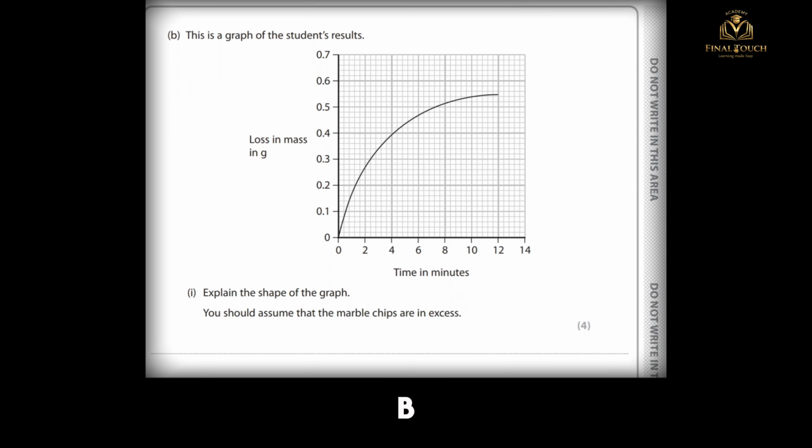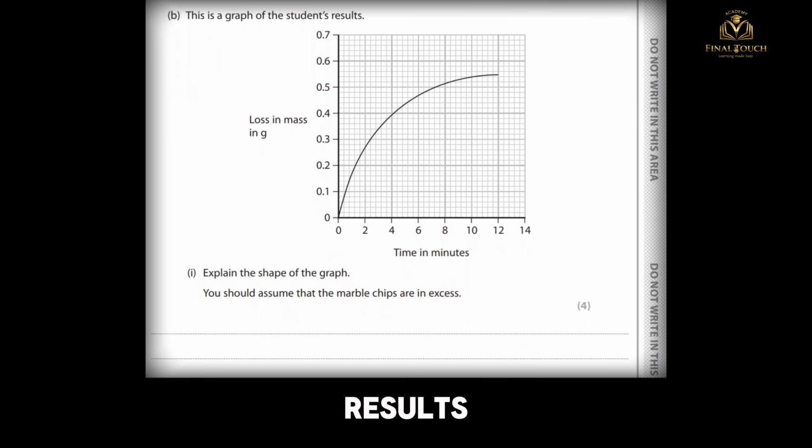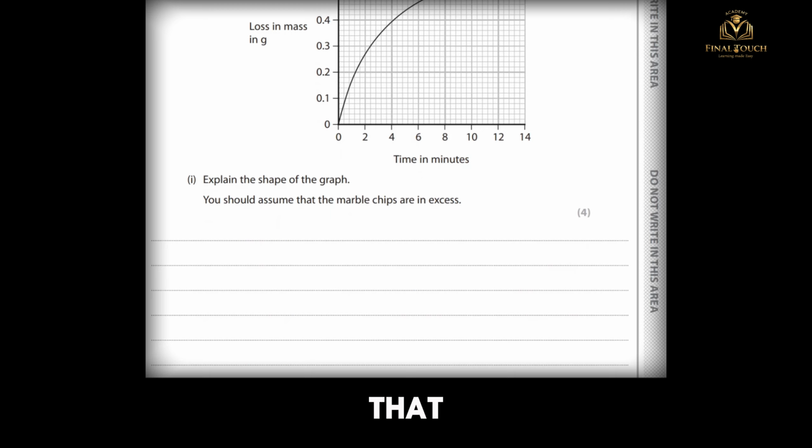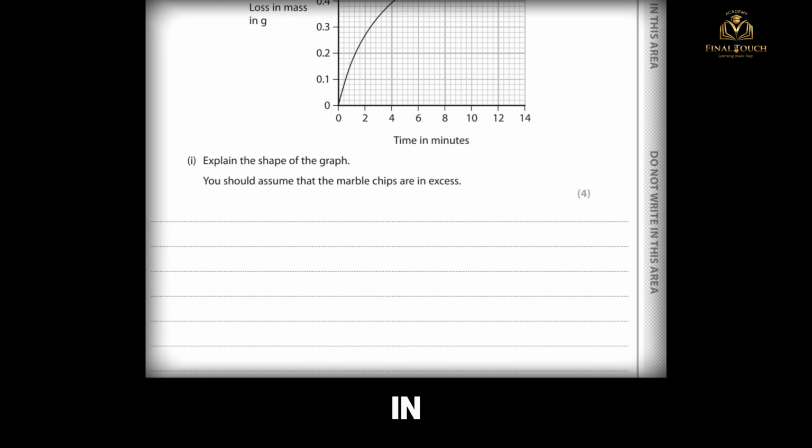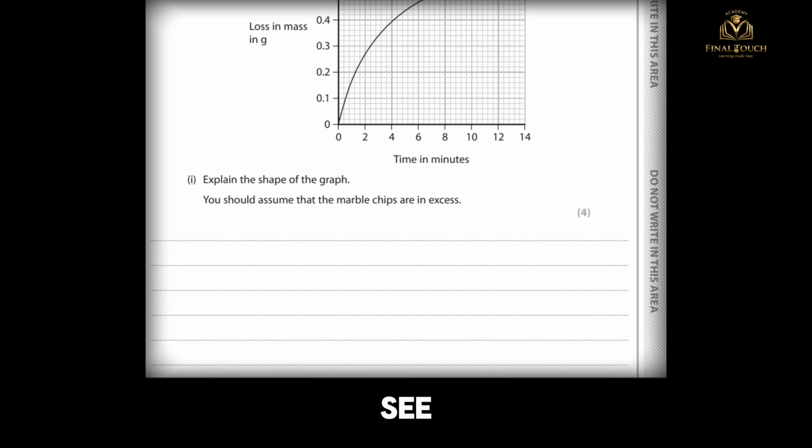Moving on to part B, this is a graph of the student's results. The graph is given as loss in mass against time. Explain the shape of the graph. You should assume that the marble chips are in excess. So as you can see, the curve is the steepest at the start.